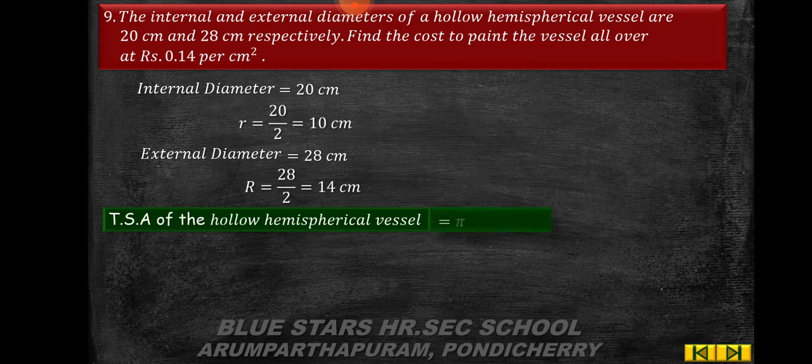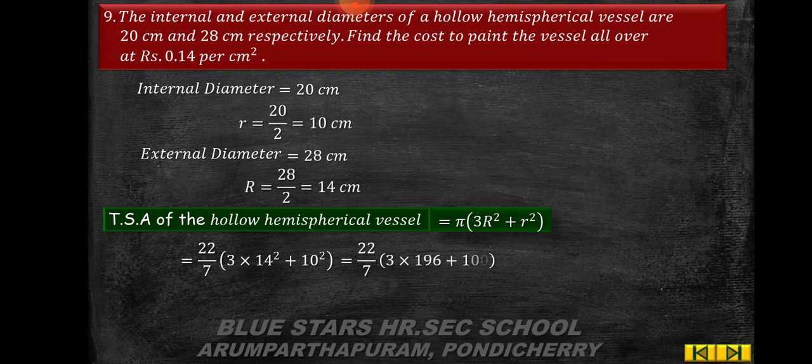Then TSA of the hollow hemispherical vessel is equal to pi into 3 capital R square plus small r square, which is equal to 22 by 7 into 3 into 14 square plus 10 square, which is equal to 22 by 7 into 3 into 196 plus 100, which is equal to 22 by 7 into 588 plus 100, which is equal to 22 by 7 into 688.